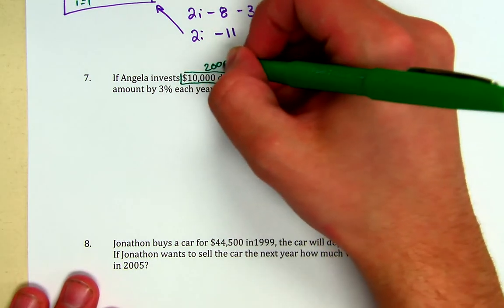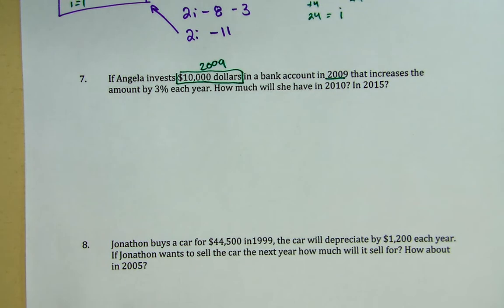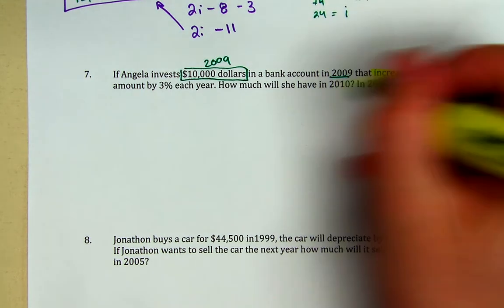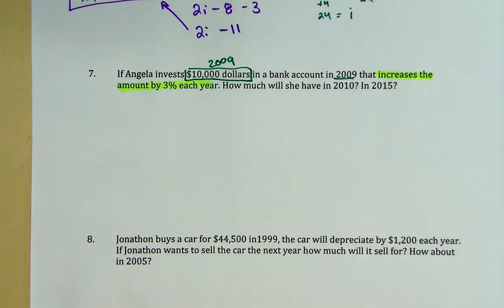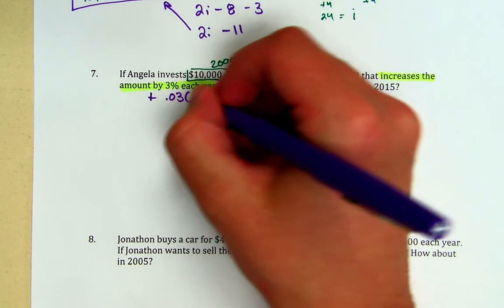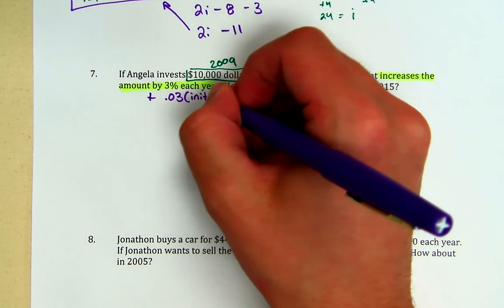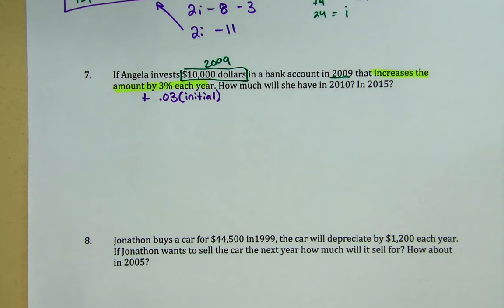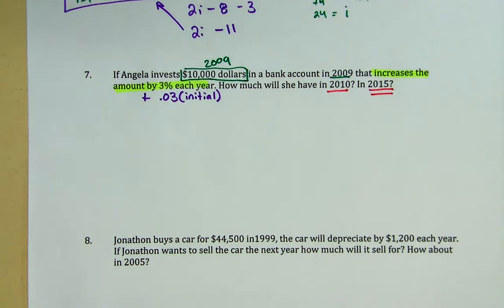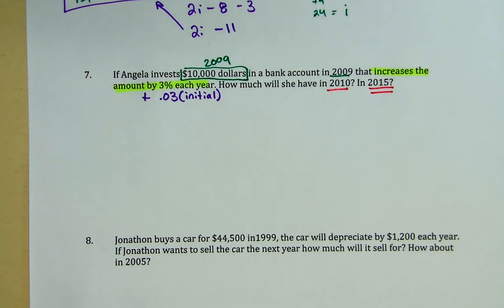If we increase by 3% a year, that's going to be adding 0.03 of initial. How much will we have in 2010 and then 2015? So two separate answers here.